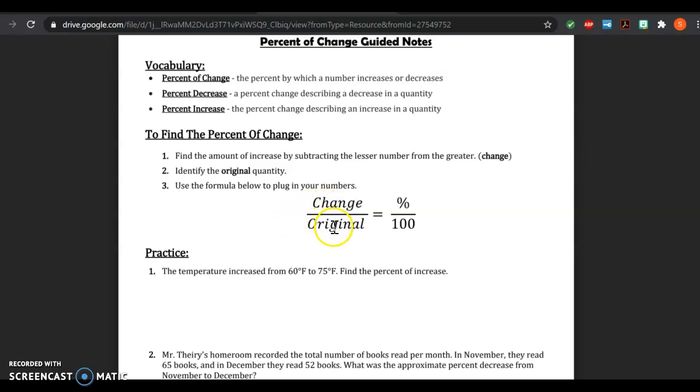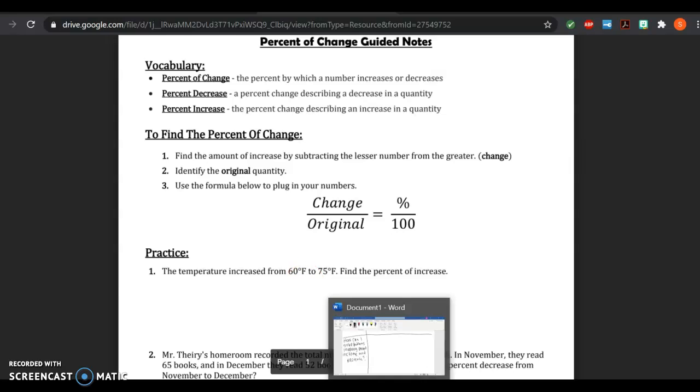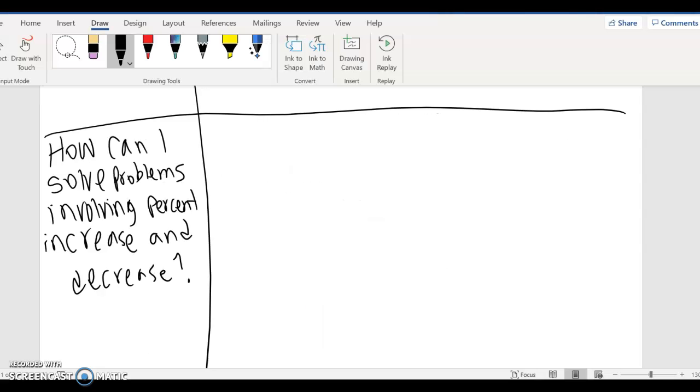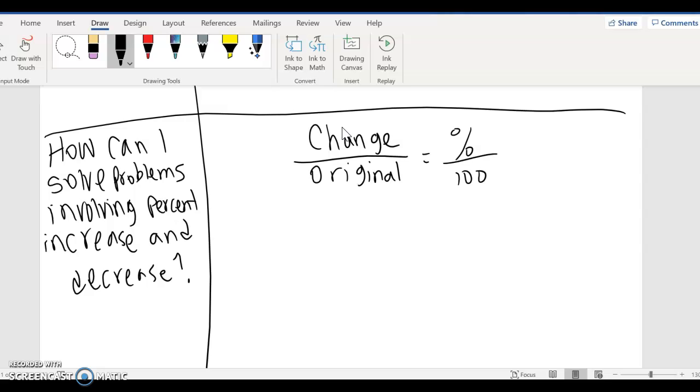So we're going to put that in our notes, and then I'm going to give you a couple of rules that we need to follow to get started. So our proportion for today is change over original equals percent over 100.